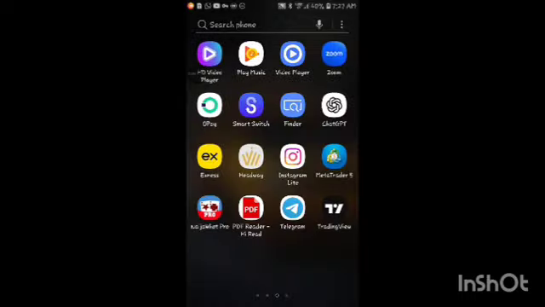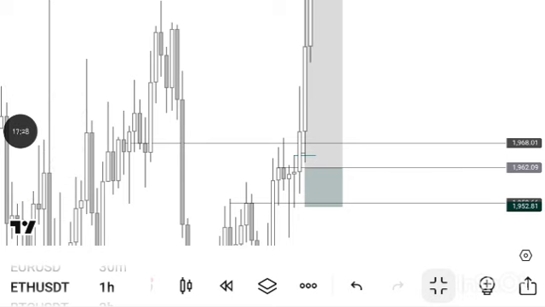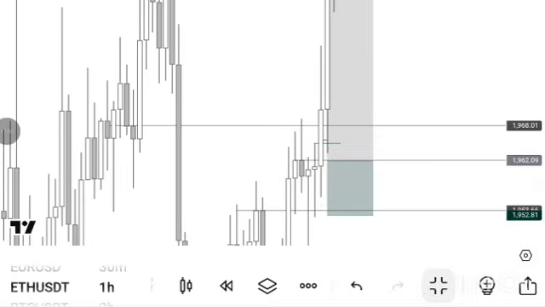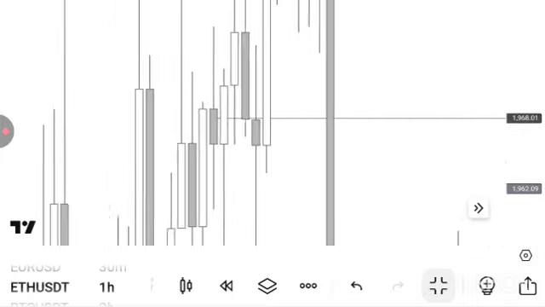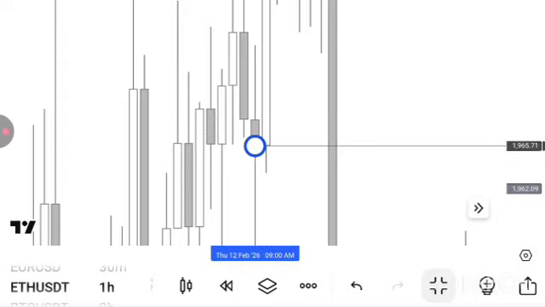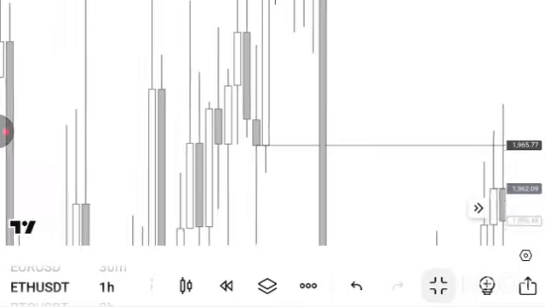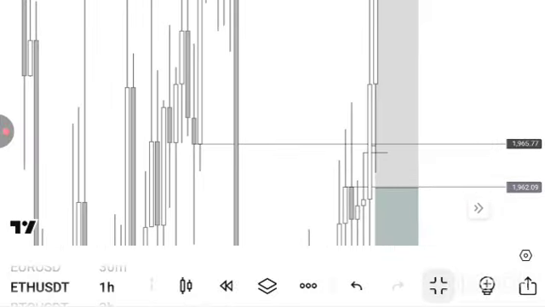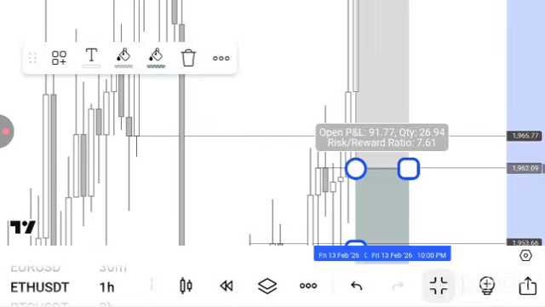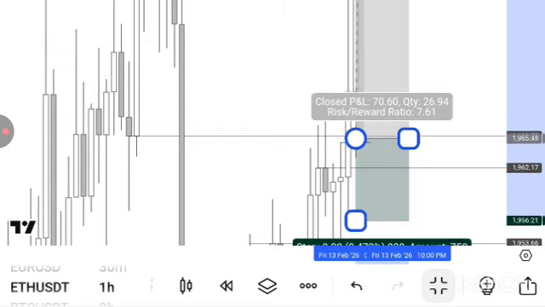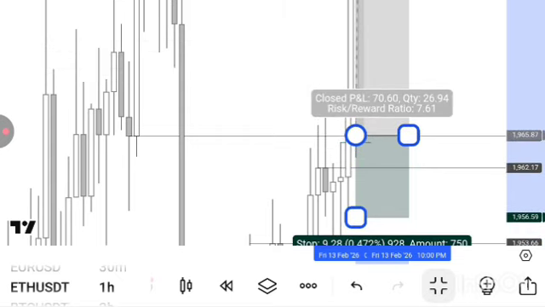If you wanted to refine this particular H4 level, then our refinement is going to be at this particular V-shaped key level on the H1 time frame. Then our entry was supposed to be at this particular key level here. So that was the reason why I missed this trade.